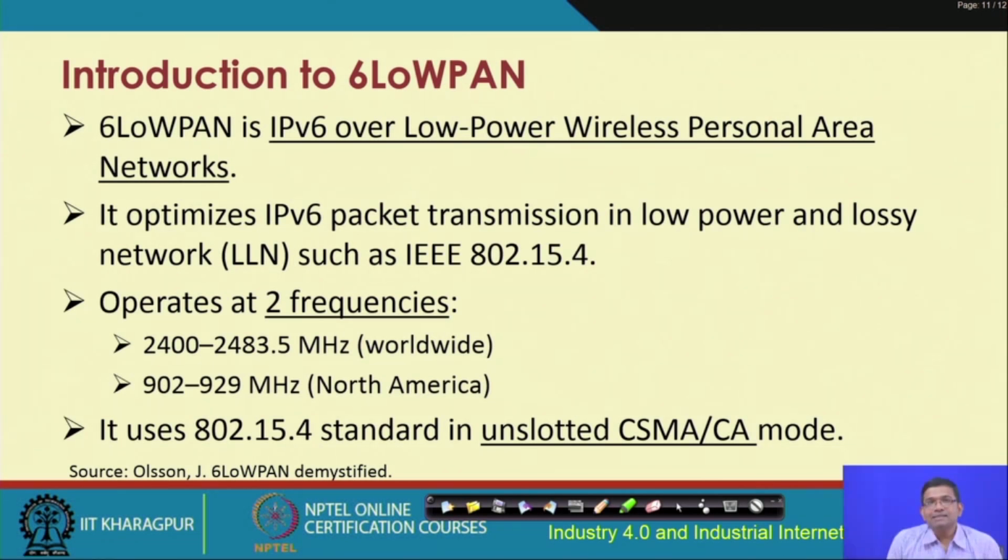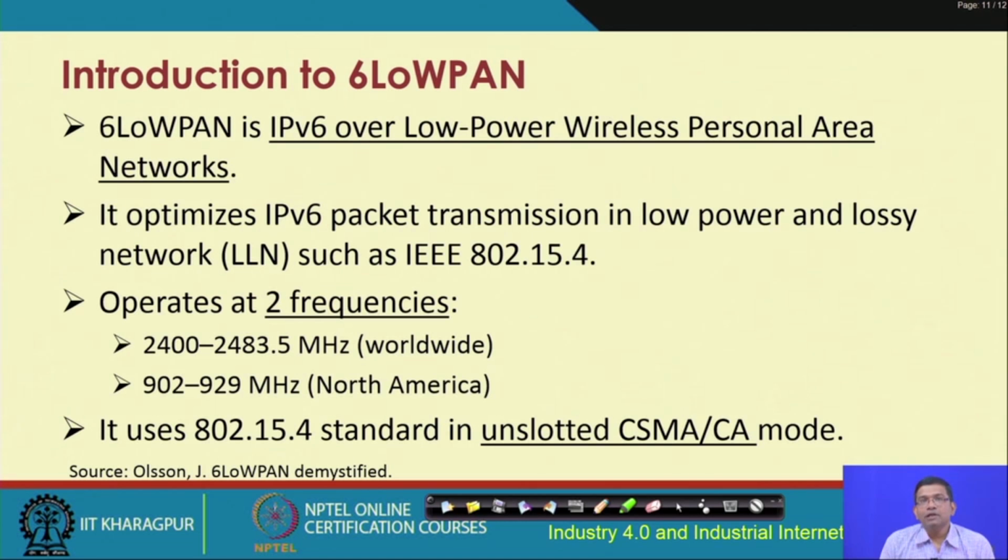6LoWPAN optimizes IPv6 packet transmission in low power lossy networks, such as the ones supported by the IEEE 802.15.4 standard. 6LoWPAN operates at two frequencies.